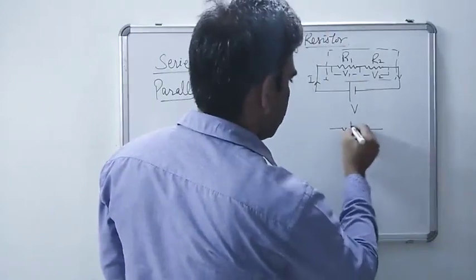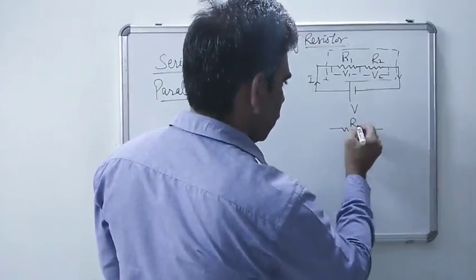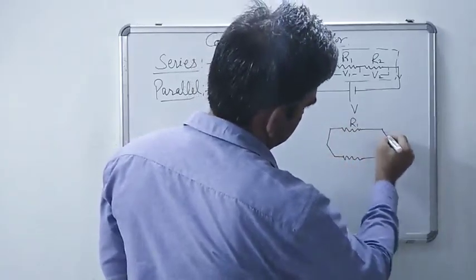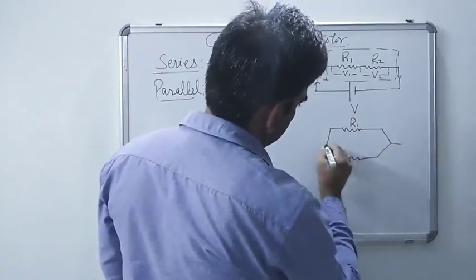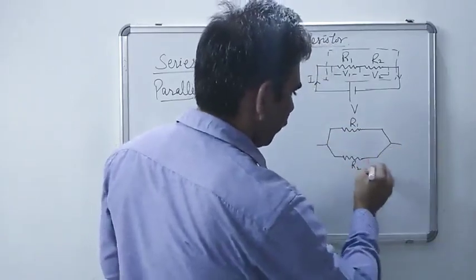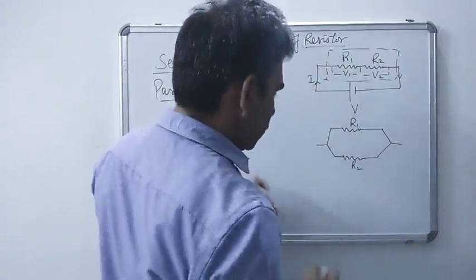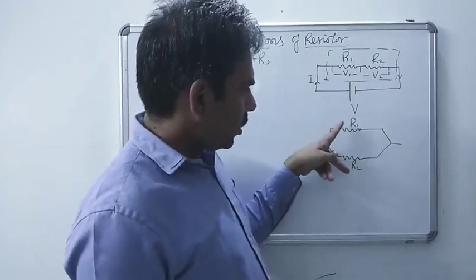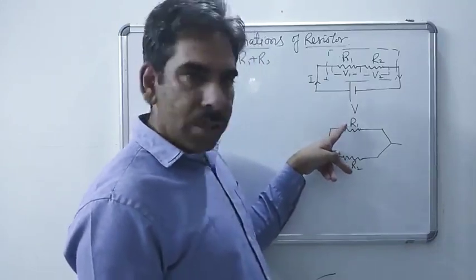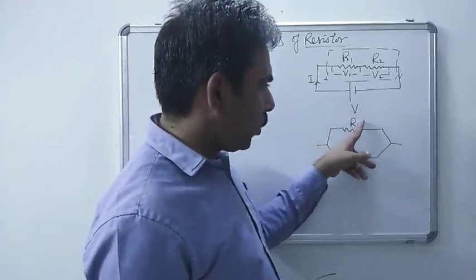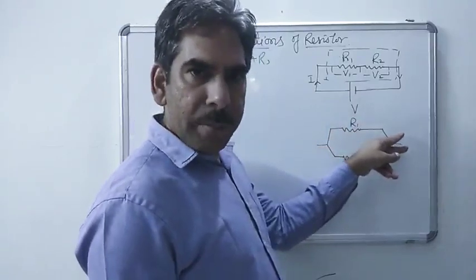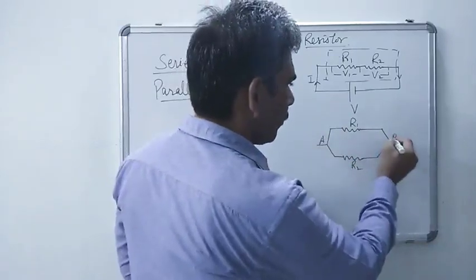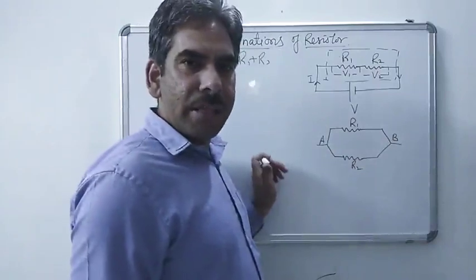So this is the situation, for example, R1 and another resistor, R2, and in parallel combination one end of both resistors is connected at the same point and the other ends of both the resistors are connected at another same point. So this combination of resistors is called the parallel combination.